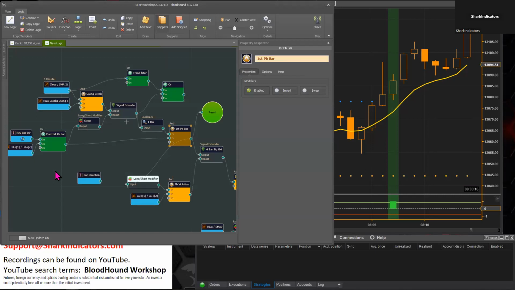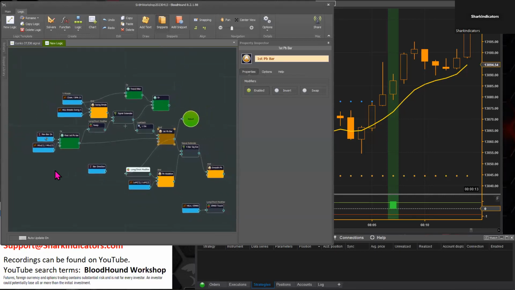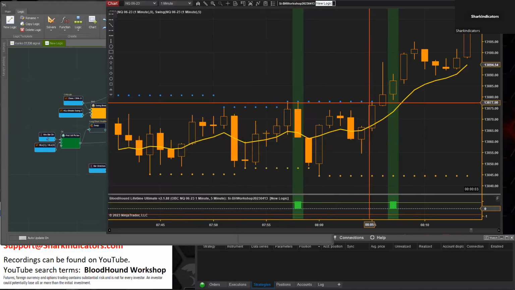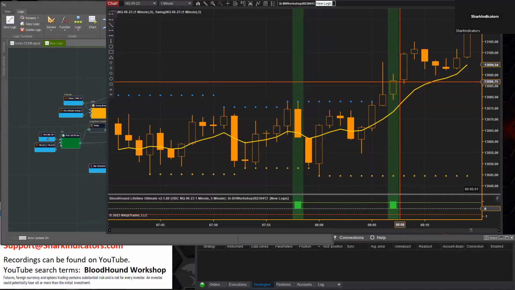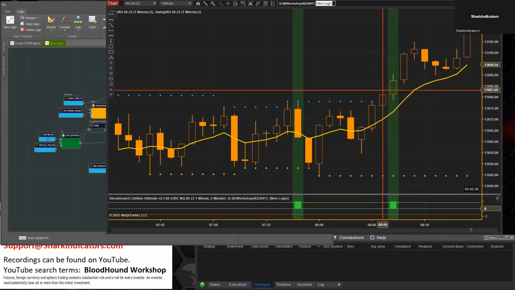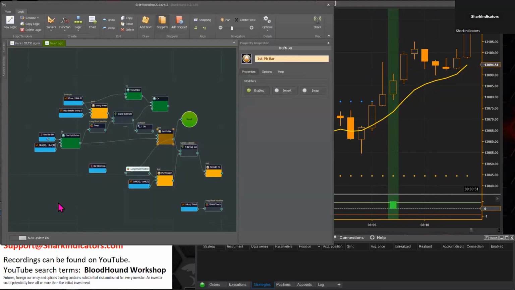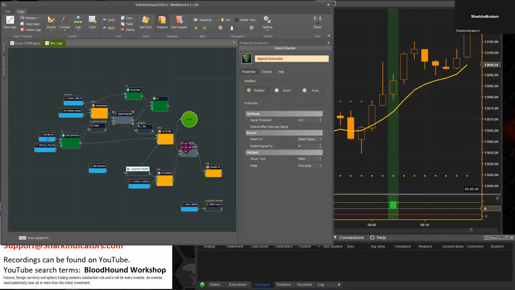So it sounds kind of convoluted, but the concept is very simple. As we go down this chain of nodes, the output needs to be in the direction of the trade signal that we're looking for. And since we have a long breakout, we're looking for a possible long trade signal. But when we're resetting these signal extenders, we're using a short output to reset them.